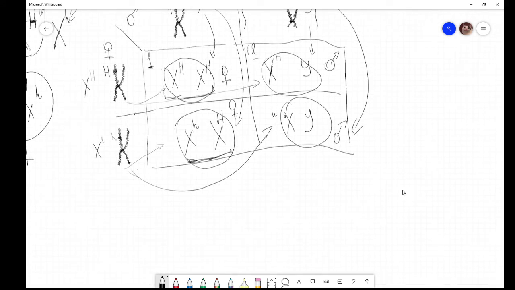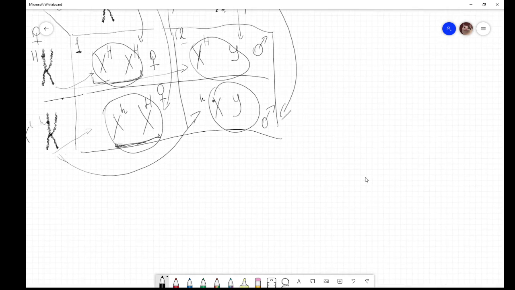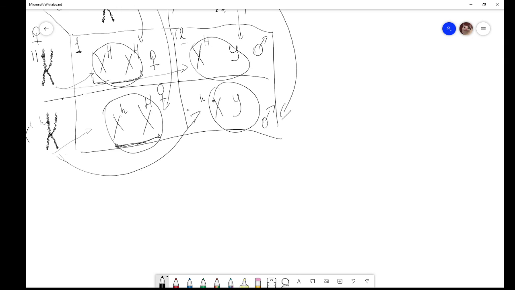And look at all of these children. This girl is healthy in genotype and phenotype. This girl is healthy in phenotype but not healthy in genotype, and she can give to her sons this defect, this recessive allele of hemophilia.